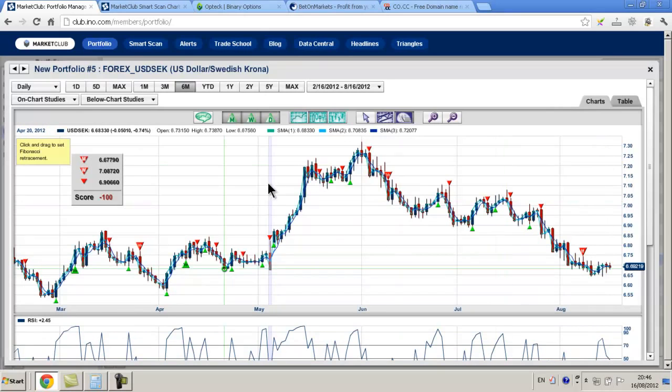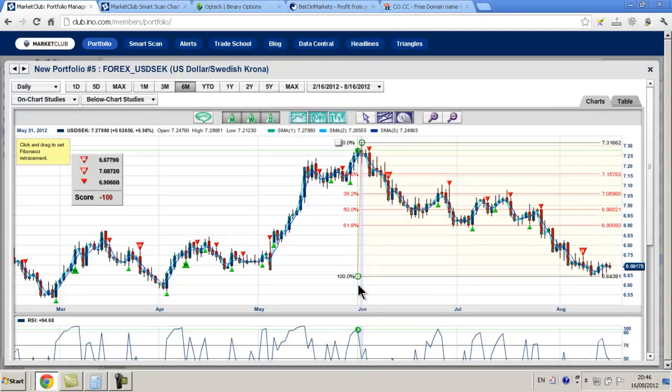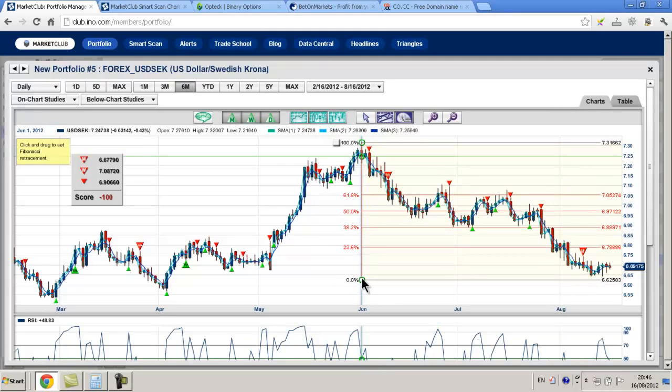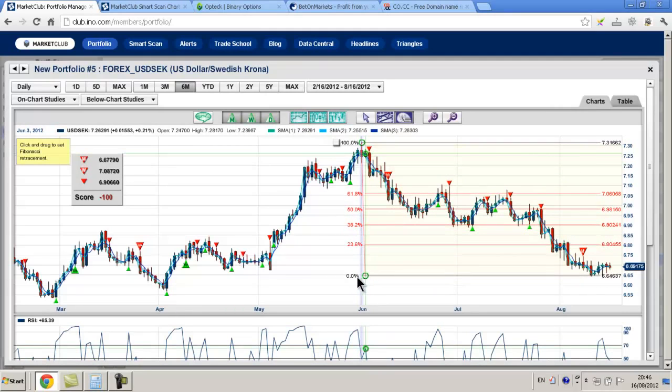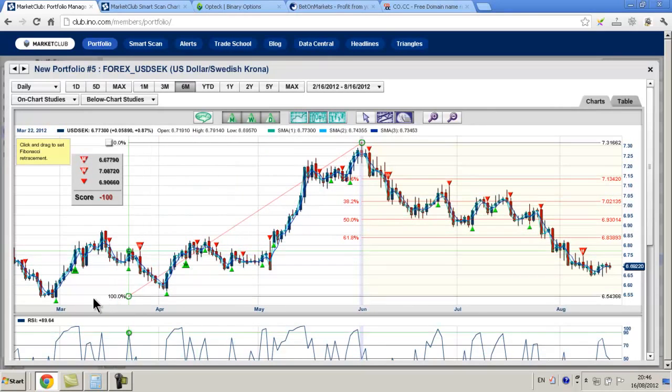So let's have a look at it. First, put a Fibonacci retracement on. Go for the highest point in the last 6 months. Oops, haven't grabbed it. Okay, and we drag it down to the lowest level. So that's within this, but let's go down to the lowest point in the last 6 months.